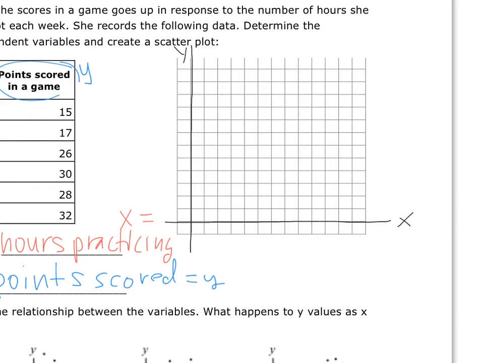And we can mark off every even value along the horizontal, along the independent variable. We need to go up to 12 because that is the hours practicing. All right, and then if we count every two on the vertical as 5, this will work out because we need to go up to 32.